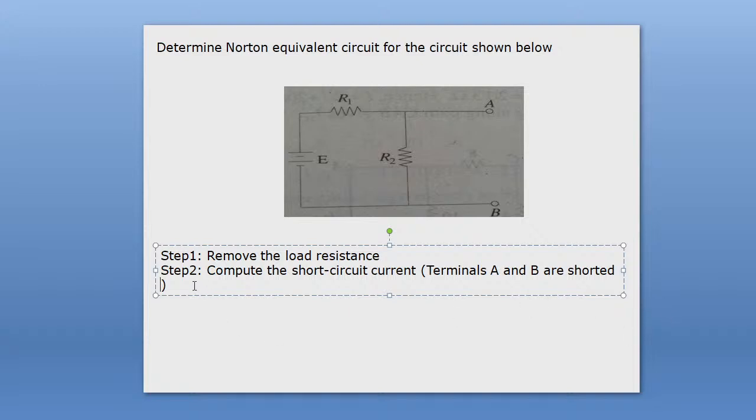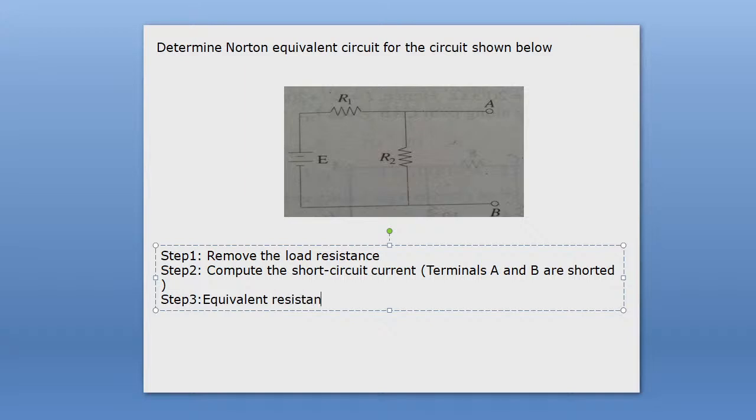Then, step 3, you calculate the short circuit current. Then step 3, you calculate the equivalent resistance for this circuit, or Norton's resistance.